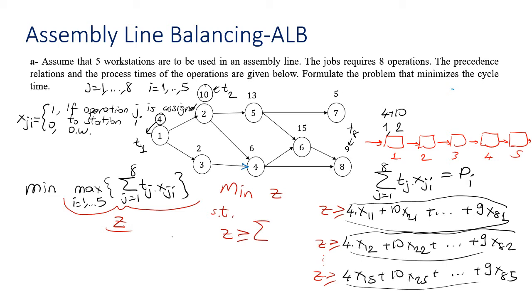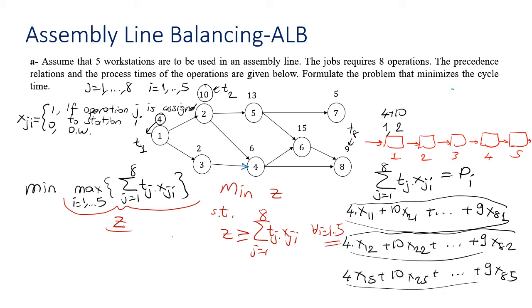This z should be greater than or equal to the sum over j from 1 to 8 of tj times xji, and I'm going to write this for all i values, i from 1 to 5, for all stations.